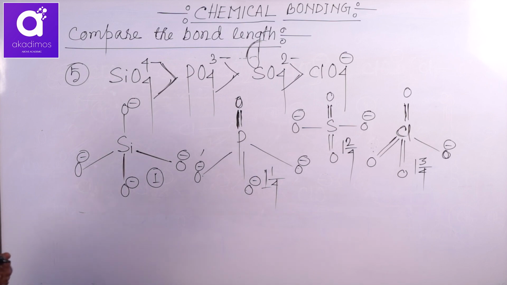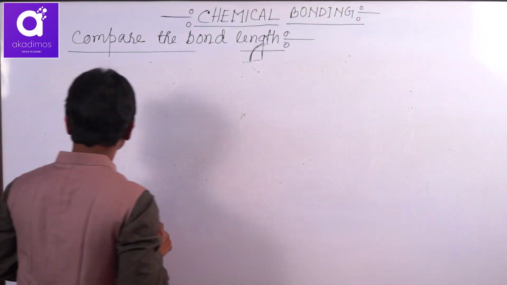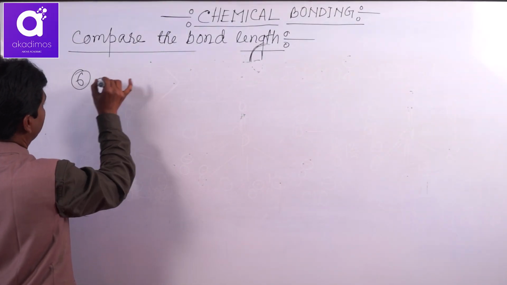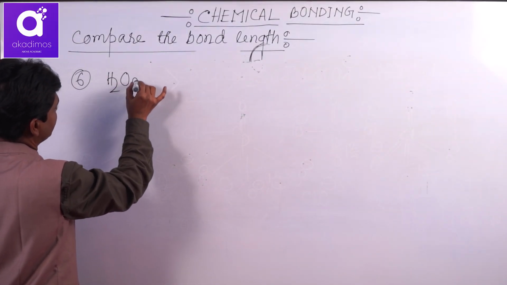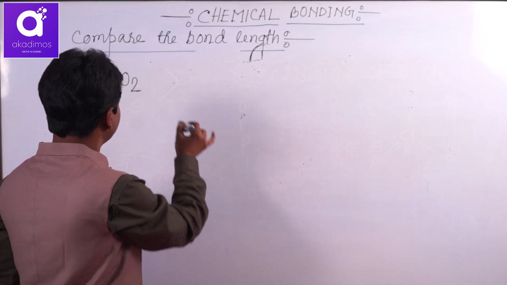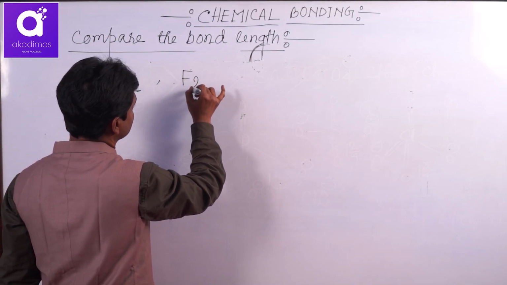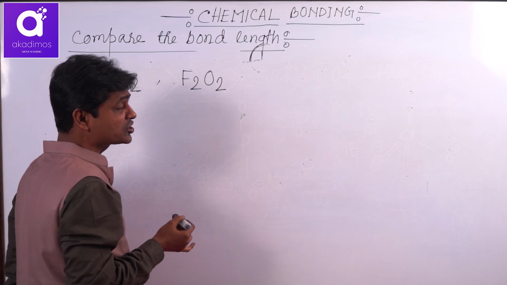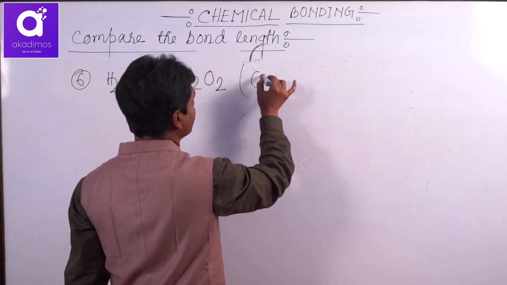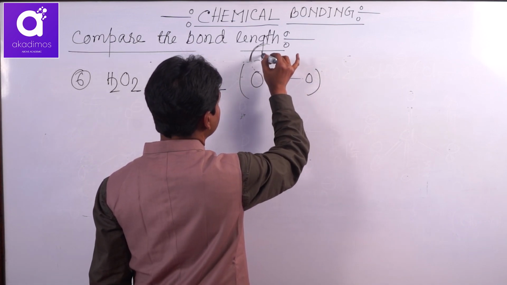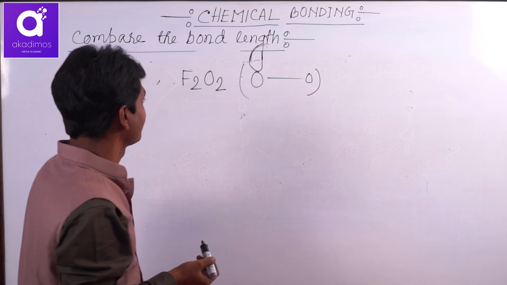Now I am going to give another important example, where you cannot exactly draw the order from the bond order. Very simple, H2O2, hydrogen peroxide. Another is F2O2. I'll compare the oxygen-oxygen bond length.